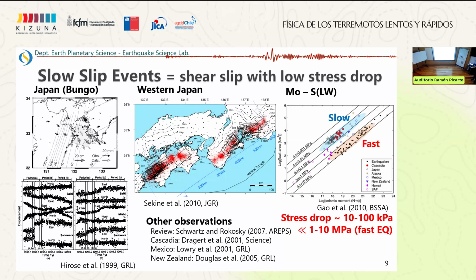But this stress drop is smaller by 2 orders of magnitude than the ordinary stress change of a large earthquake. So these are shear slip events. Generally, it's a slip event, and in that sense it's similar to an earthquake. But the stress or energy change is very different.